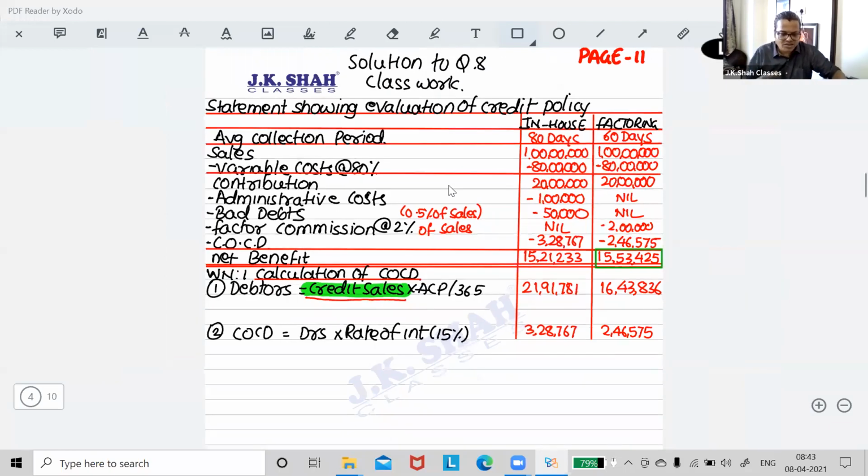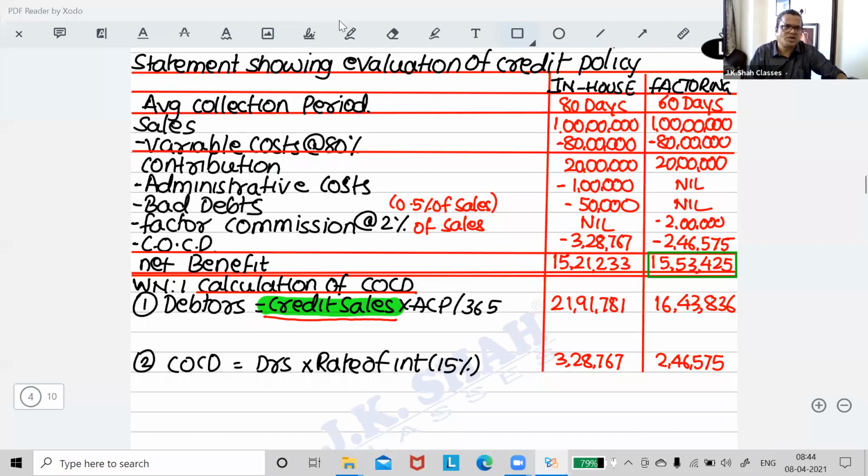So what we are asked, should the company enter into factoring agreement? Okay, so we conclude accordingly.